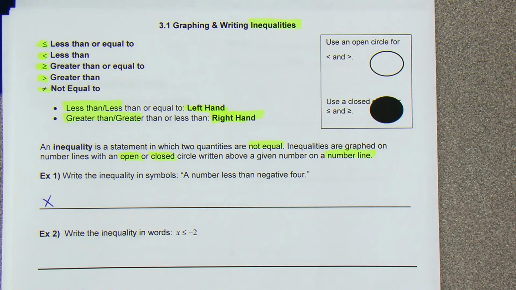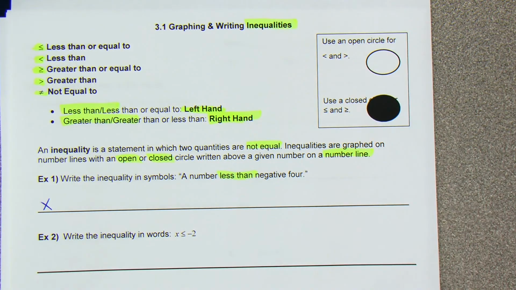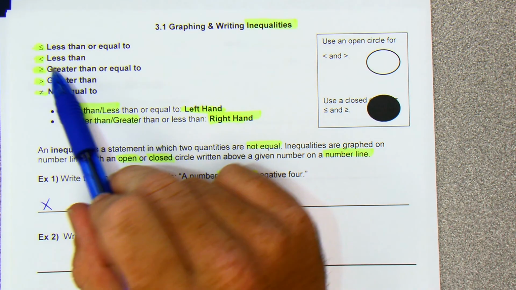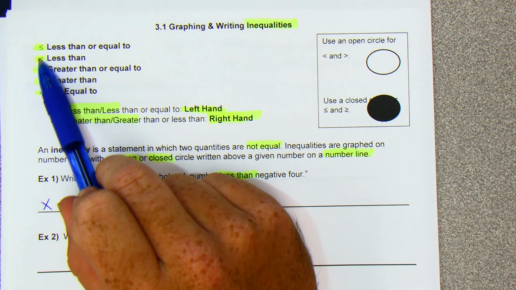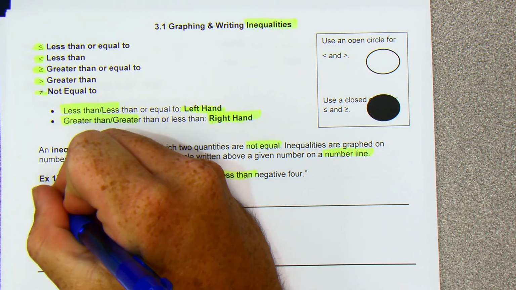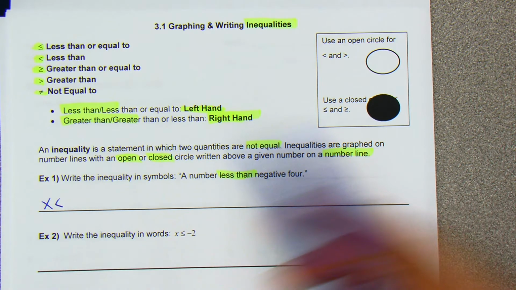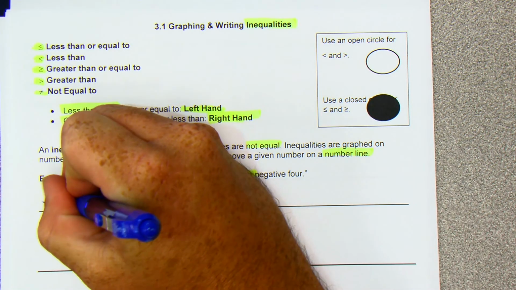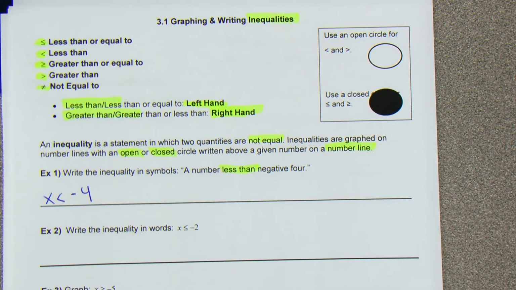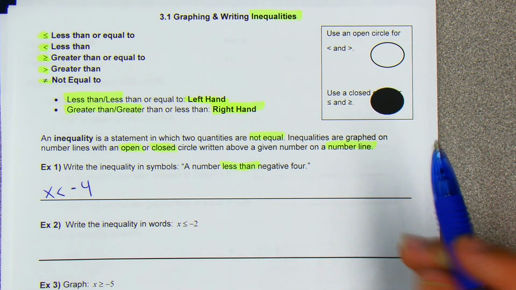Then the biggest part of this is less than. That is our sign that it wants us to use. If I did not know what less than was, I would look at my cheat sheet right up here, and I know that it's just this arrow pointing towards the left. So this is a number less than, and then it says -4. All we have to do for this one is write out this inequality, a number less than -4.